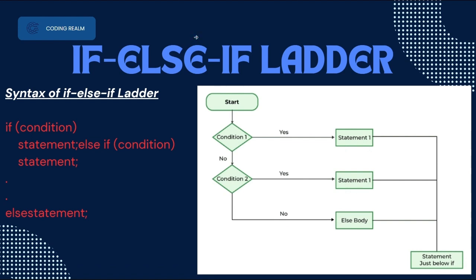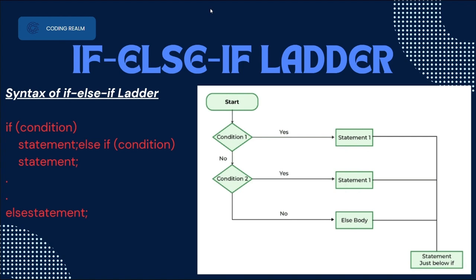Now let's go to the if else if ladder. The if else if statements are used when the user has to decide among multiple options. The if statements are executed from the top down.